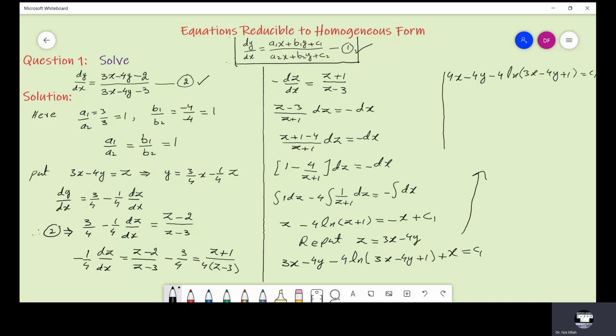Dividing each term by 4, we have x minus y minus ln|3x minus 4y plus 1| is equal to c, where c is equal to c1/4. And this is the required solution of the given problem.